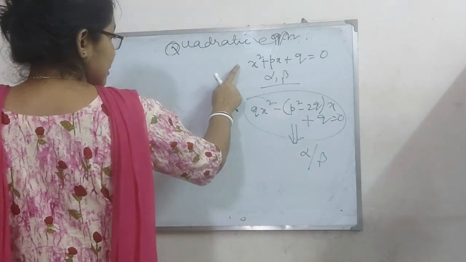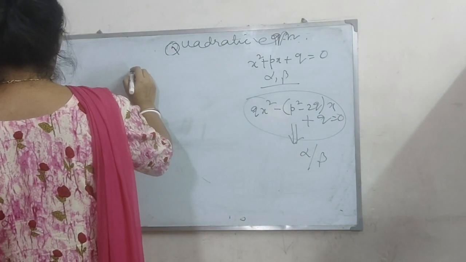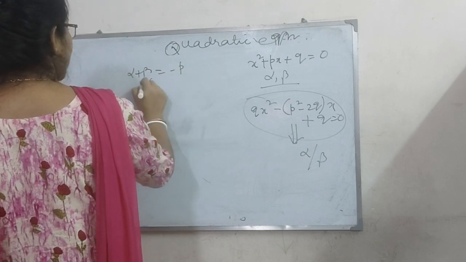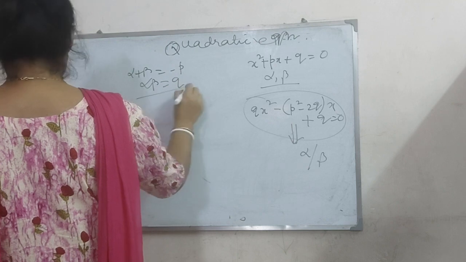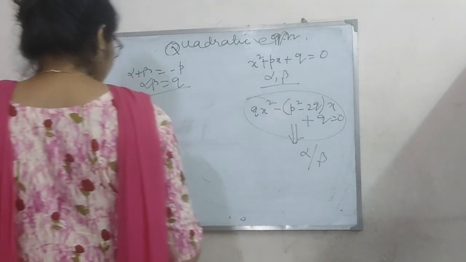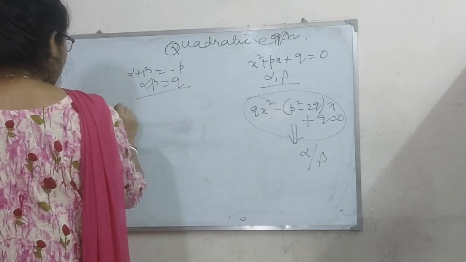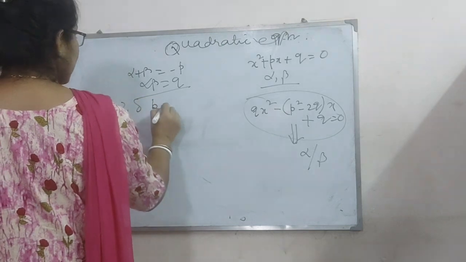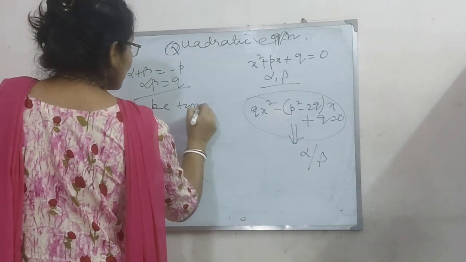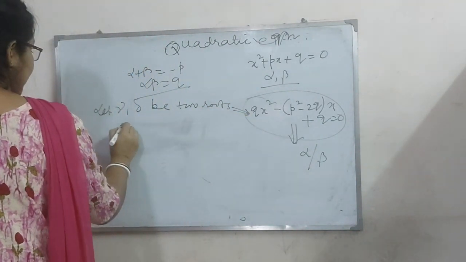Alpha, beta are roots of this equation, that means alpha plus beta equal to minus p and alpha beta equal to q. Let gamma, delta be the two roots of the second equation.